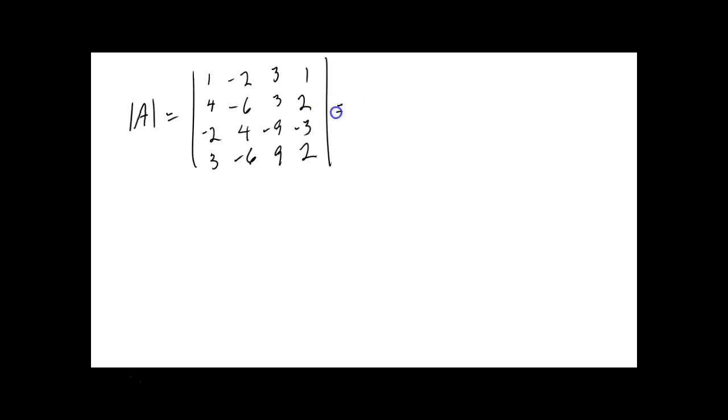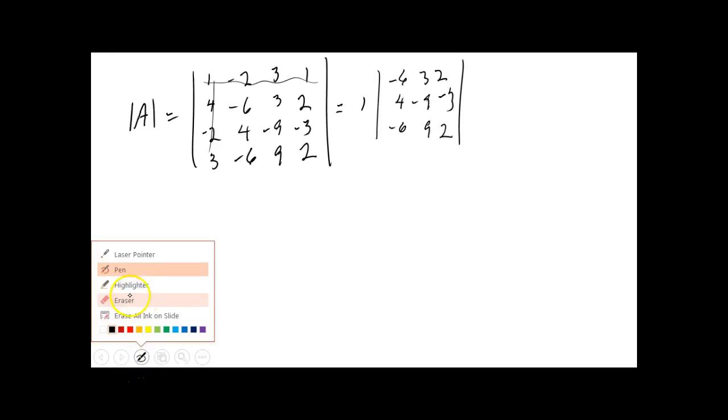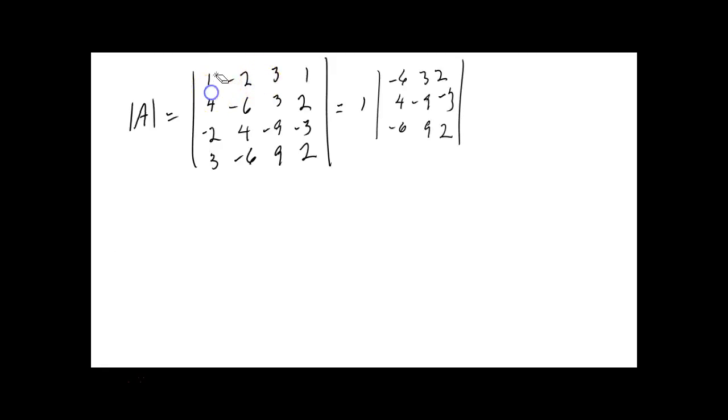So the determinant of this matrix will be: 1 is in the positive position, so that's 1 times the determinant of the block that's left over. They call it, I think, the minor, which will be negative 6, 3, 2, 4, negative 9, negative 3, and negative 6, 9, 2. Then let's go to the second entry.